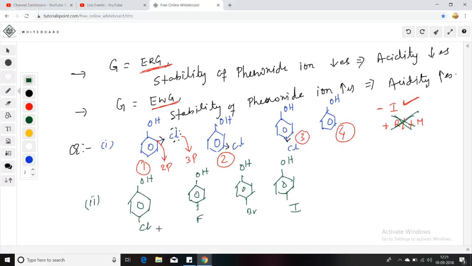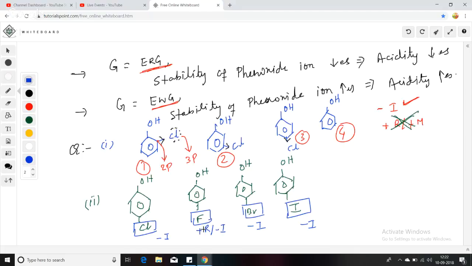Okay, now you see here, with the logic that we have discussed just now, what kind of effect does this chlorine have? This chlorine has minus I only. Fluorine has plus R and minus I. Bromine has minus I, and iodine has again minus I. Since fluorine has 2p orbital, resonance is also possible.